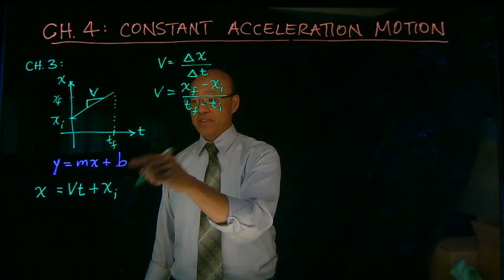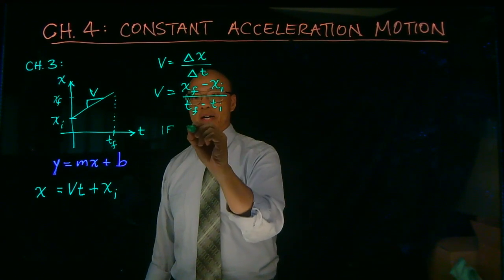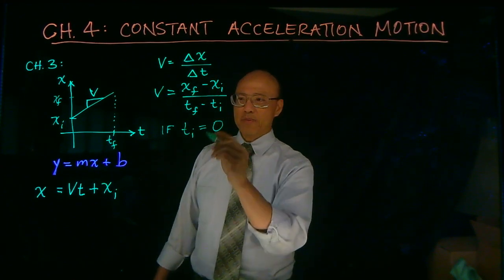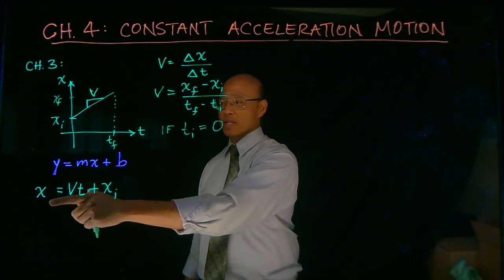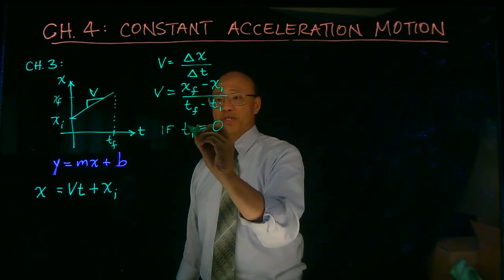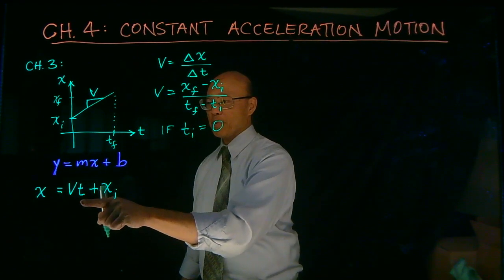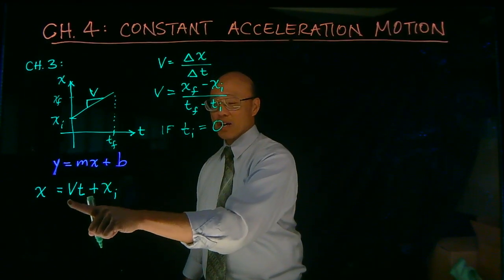Now there's a simplification here because I just have t in there. So if t sub i is 0, then I could pick any arbitrary tf in here, right? In other words, I want to motivate or derive an equation for where I am at any point in time during which my velocity is constant.